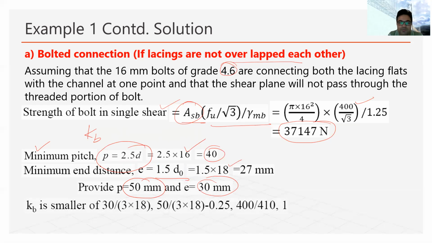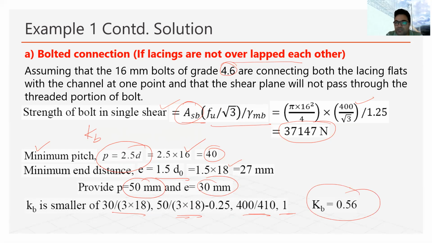Kb value will be the smallest of these values. I hope it is clear to all of you. If the bolted connection is not clear to you, then please refer to my lectures about bolted connections. So the Kb value can be calculated from all four values, and the minimum value of Kb will be taken here, which is 0.56.